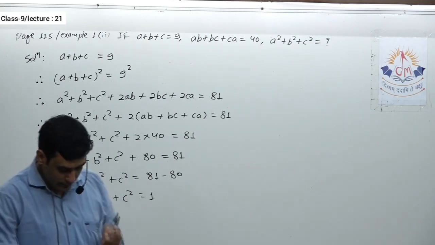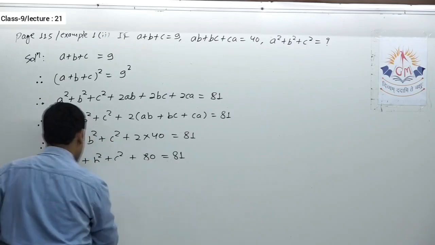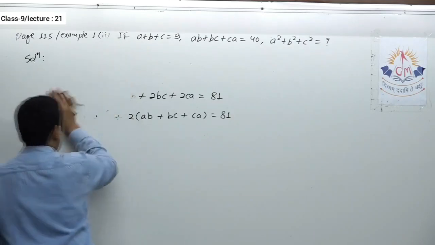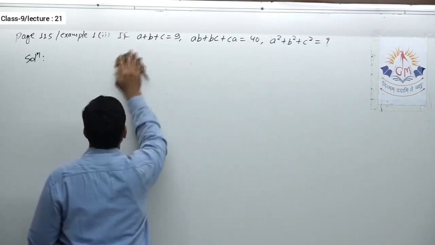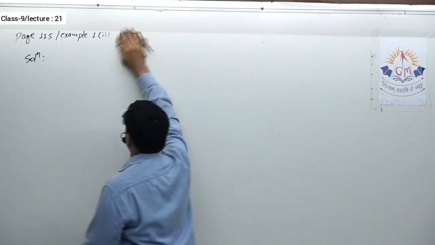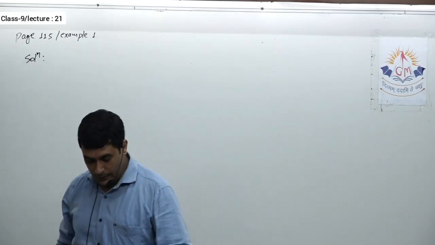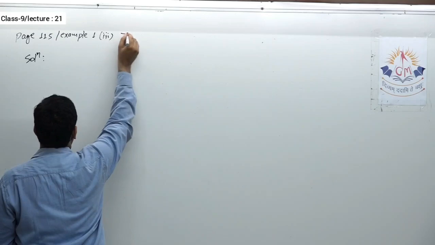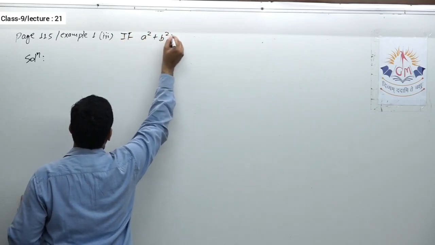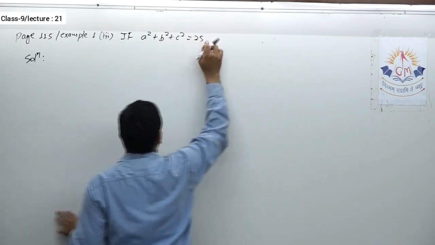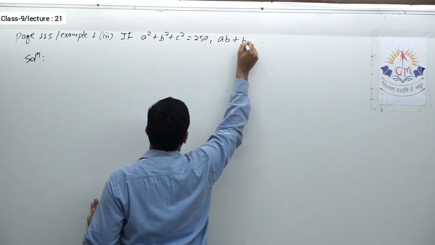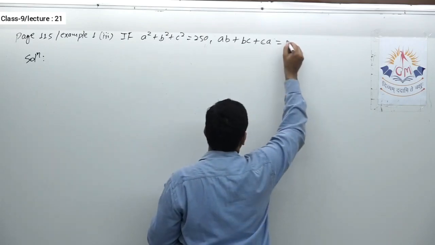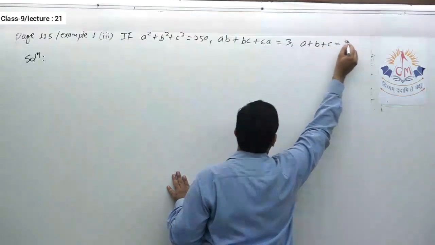Okay, now we'll see the next question, third part of this. Third one: if a² + b² + c² is equal to 250 and ab + bc + ca is equal to 3, then find the value of a + b + c.